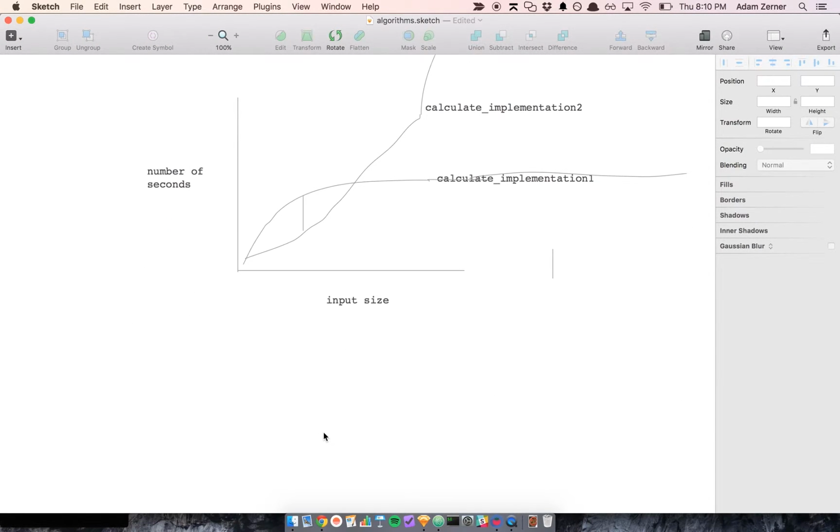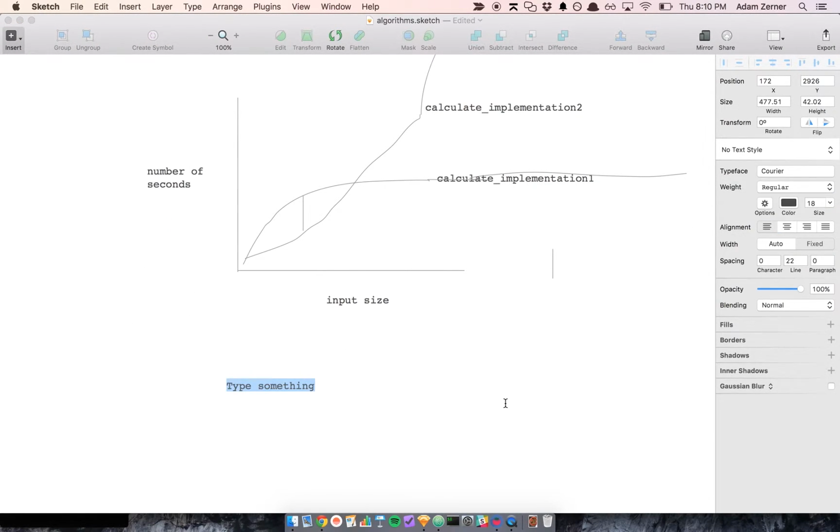So if you have a function like 8x squared plus 3x plus 7, and you want to asymptotically approximate this, you first drop off the lower order terms, because as x gets to be large, they become insignificant.